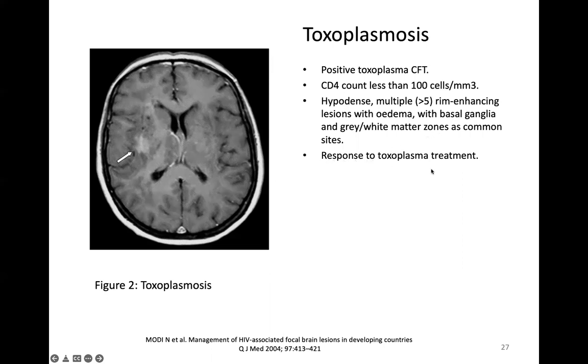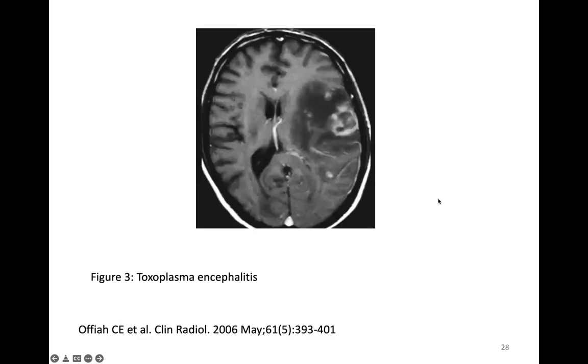Generally, you confirm your diagnosis when the patient responds to treatment. If they don't respond to treatment, you start to think that maybe there's something else you might be missing. I think we discussed toxo a lot. Again, toxoplasma with an encephalitis as well.